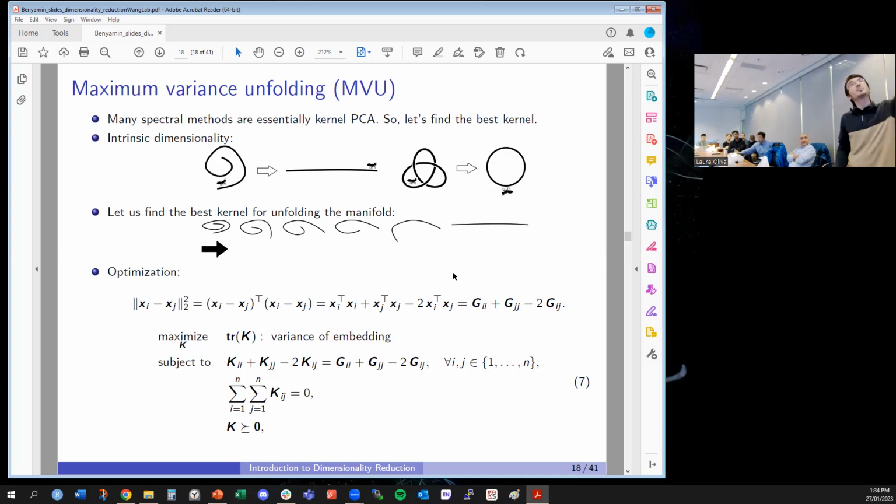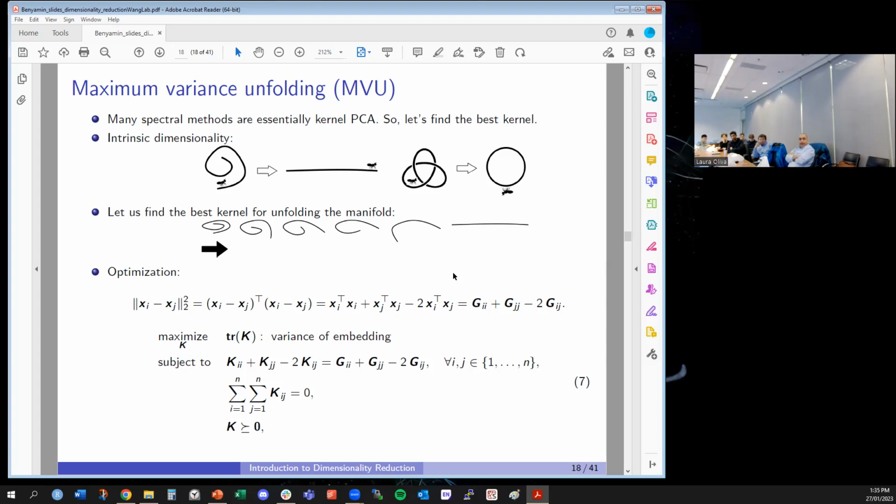Now, let us find the best kernel for unfolding the manifold, where you can do that gradually. Consider the Euclidean distance between xi and xj. If you open it and calculate it, you will see that it is similar to the kernel or gram matrix between i, i plus jj minus 2 times the kernel between i and j.